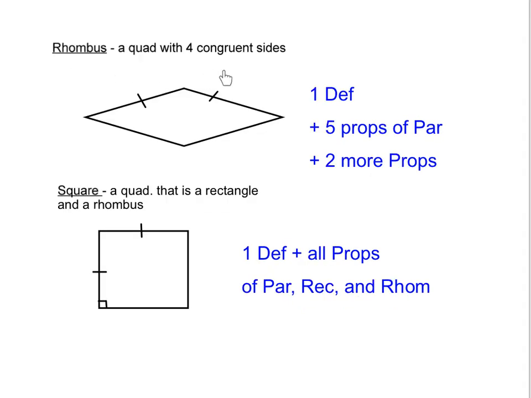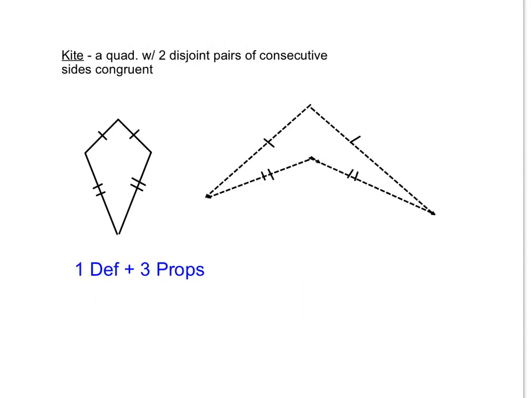A rhombus is a quadrilateral with 4 congruent sides. You will also see it is also a parallelogram, and it has 2 more properties of its own. A square is a quadrilateral that's both a rectangle and a rhombus, so it has all the properties of parallelogram, rectangle, and rhombus.